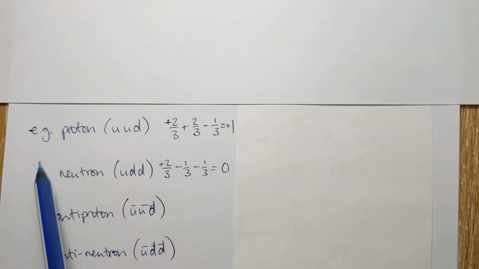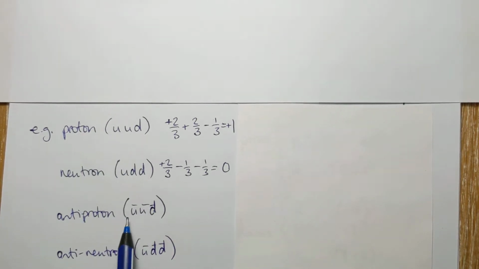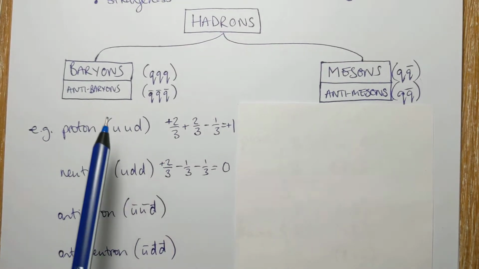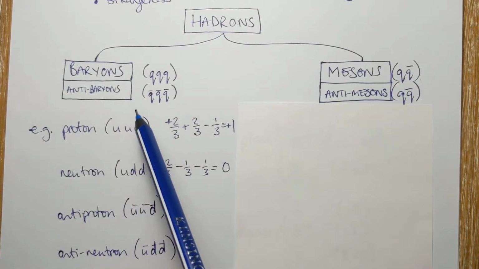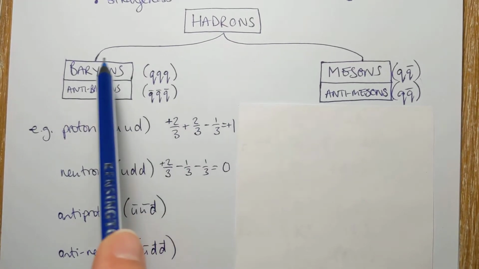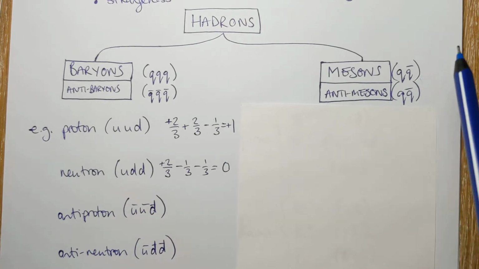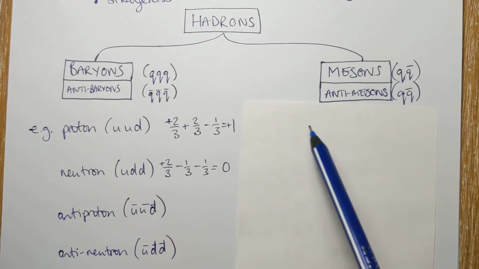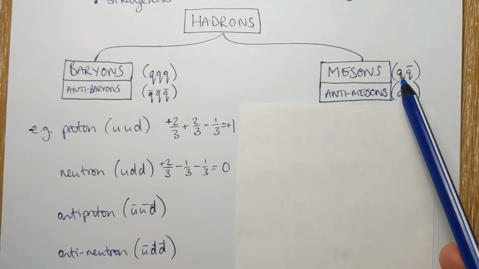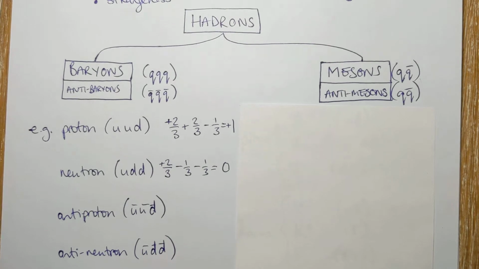And as you can see, these particles all have either 3 quarks or 3 antiquarks, and so we give them the name baryon or antibaryon. And this is only one type of particle that can be made from quarks. Another type, there are others as well, is called a meson, and the mesons have 1 quark and 1 antiquark, and so do the antimesons.